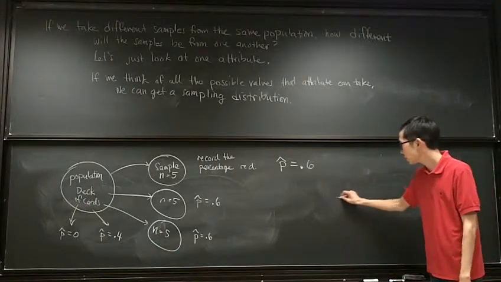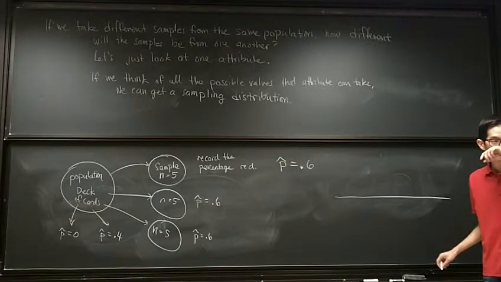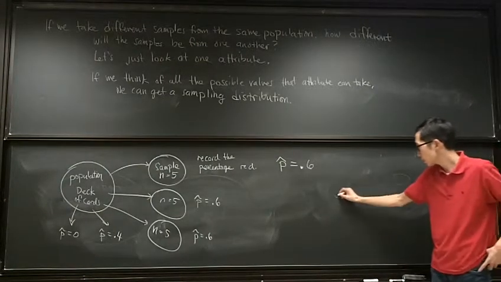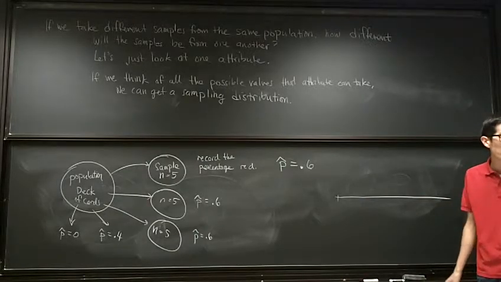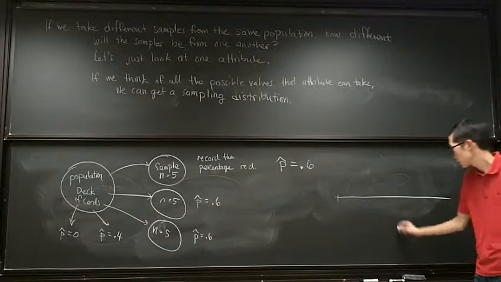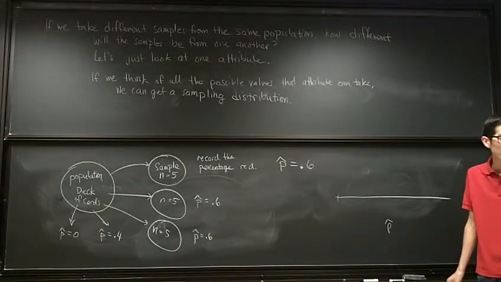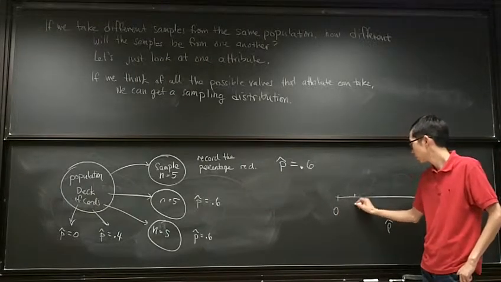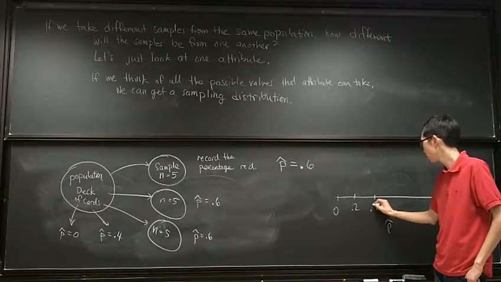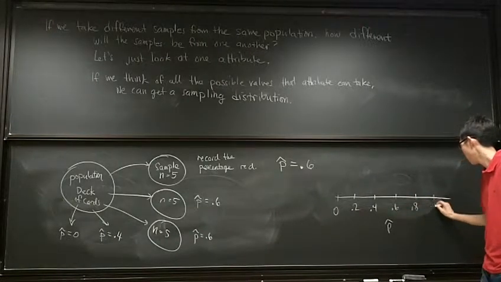And what if I made a histogram? What numbers go across the bottom of this histogram? I'm putting p hats across the bottom. So what are the possible p hats that I can get? I can get 0, 0.2, 0.4, 0.6, 0.8, and 1.0.